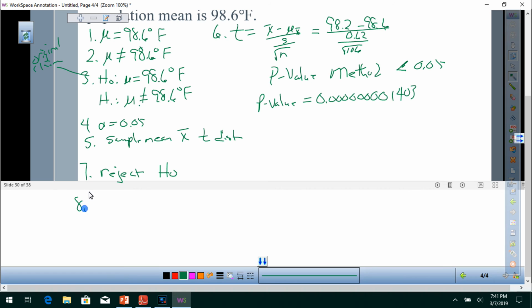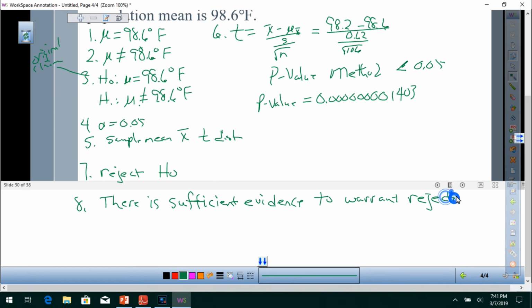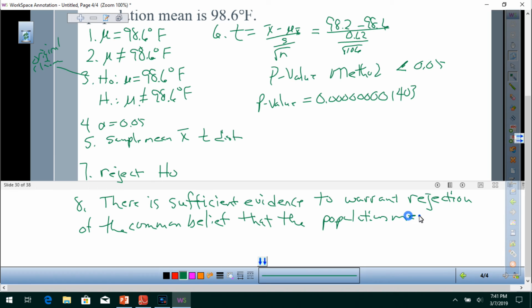And we're going to state, 8, that there is sufficient evidence to warrant rejection of the common belief that the population mean is 98.6 degrees Fahrenheit.